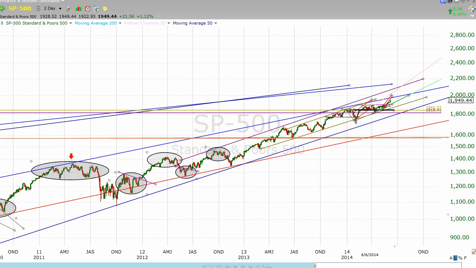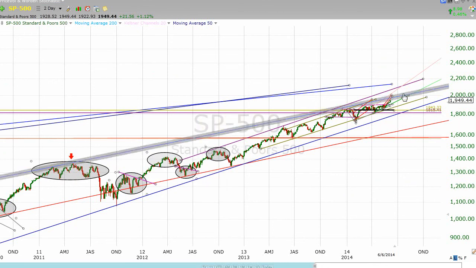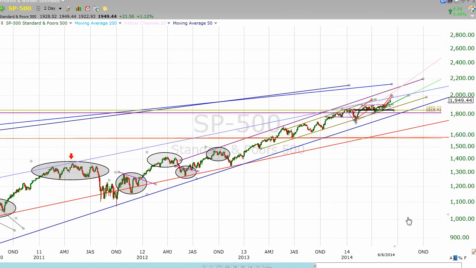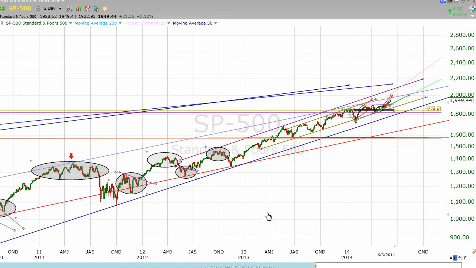I am going to make that a little bit lighter, just because from what we see going on here, it looks like we may be getting over this blue line. This line has not been approached in quite a while. Since we hit it last in late April of 2011, we've not tagged that line in 3 years.